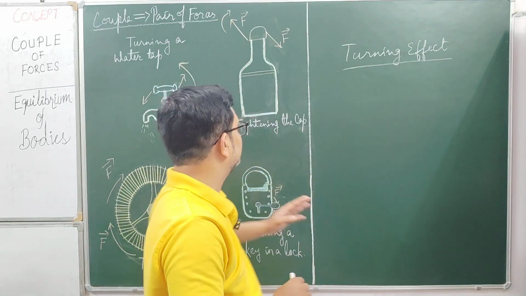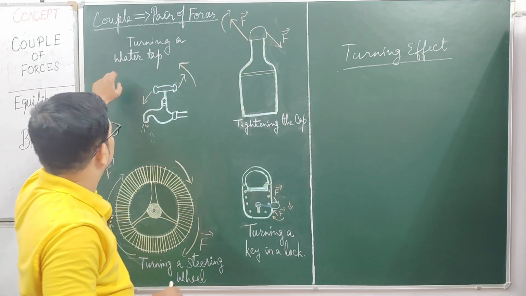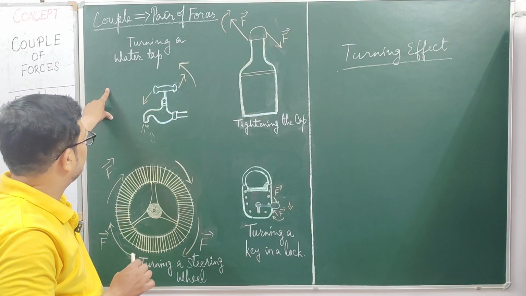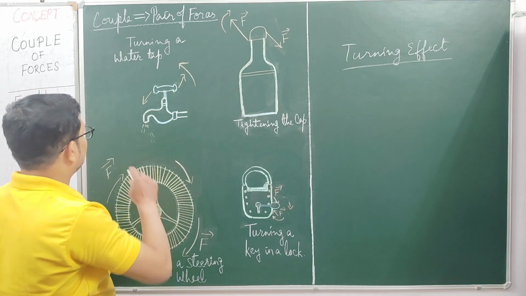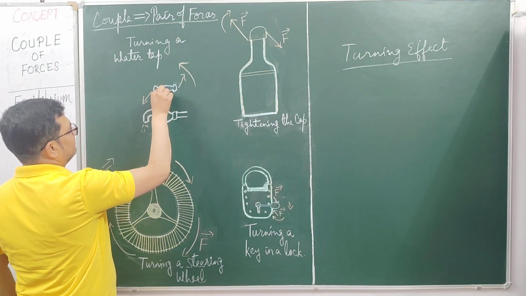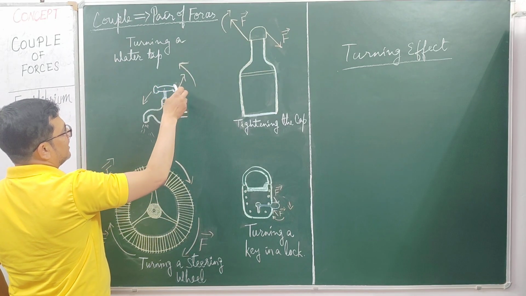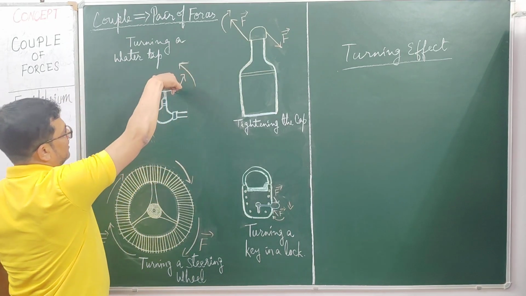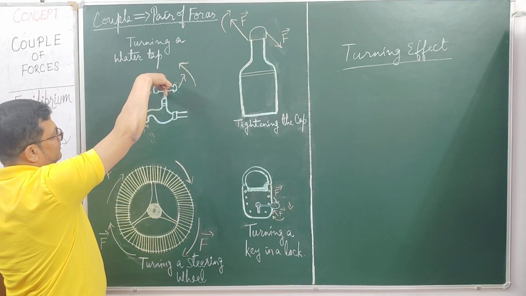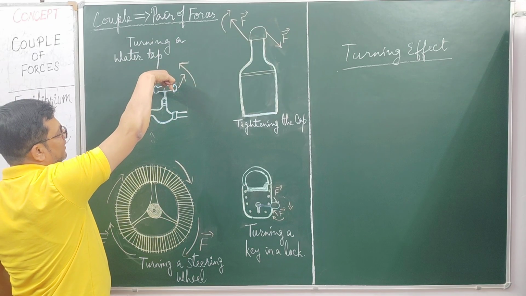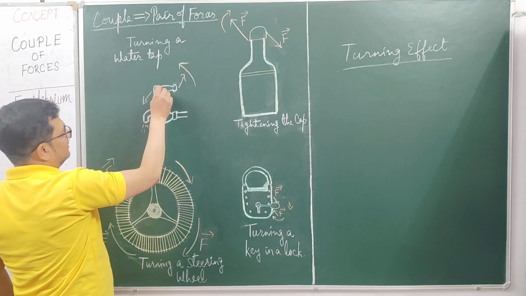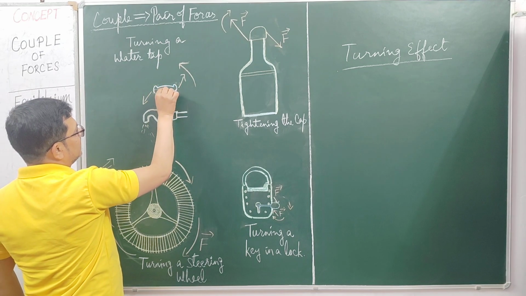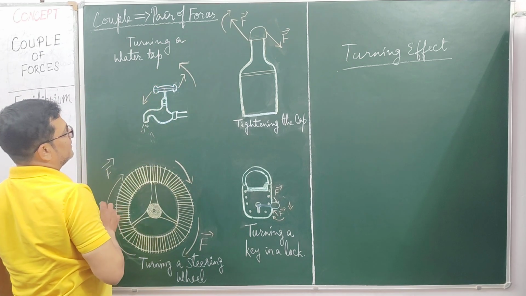However, to understand this couple, we take the example of turning a water tap. The pivot is somewhere in the middle, and we turn it round like this. With our fingers, we apply force on either side of the tap handle.